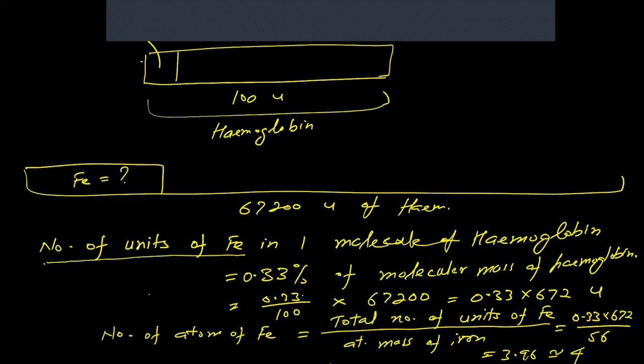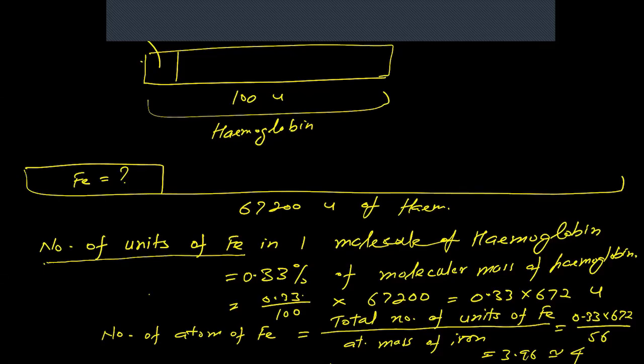Similar to number of tiles equals total area divided by area of one tile. So total area here is the total number of units of iron, divided by the area of one tile, meaning the number of units in one iron atom, that is 56. That is very important to understand that logic.